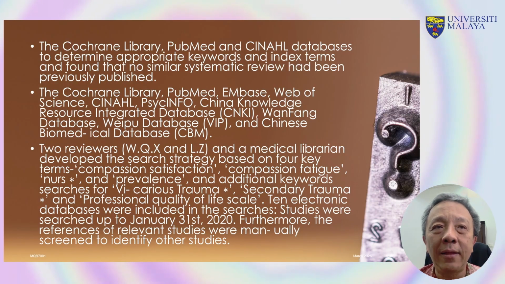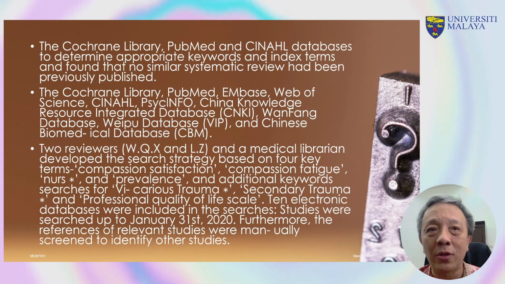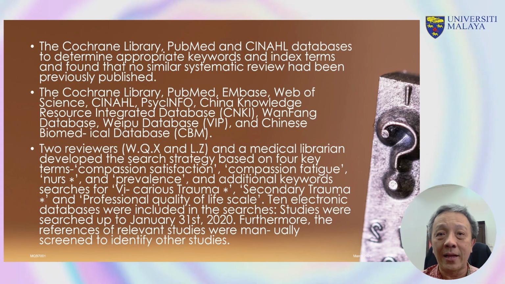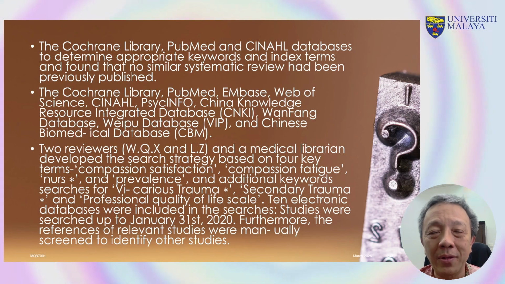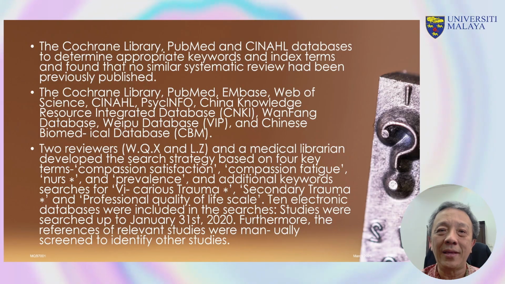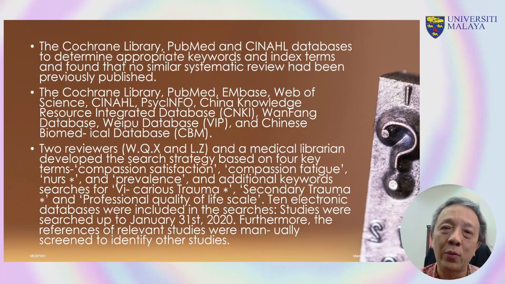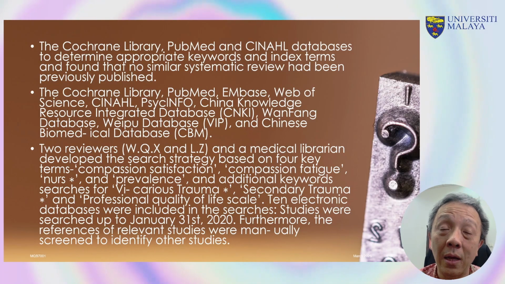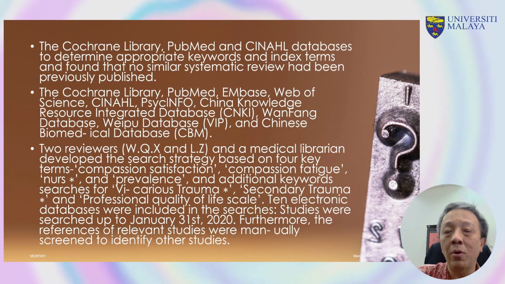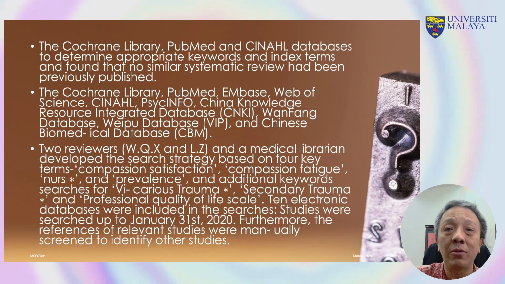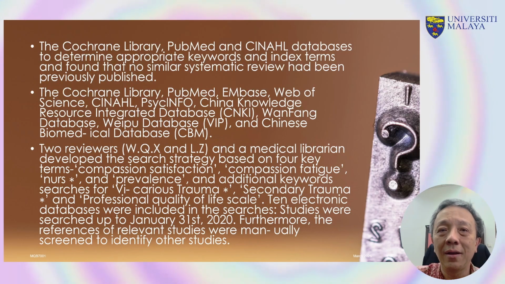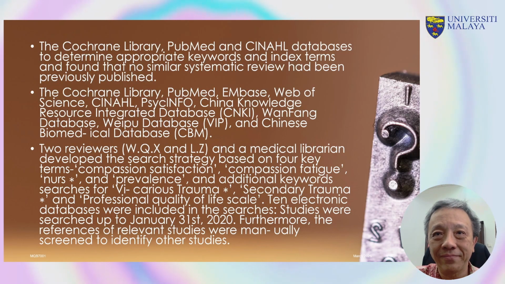So if you look at the different databases that were searched here, it is around 10 databases, and this is important because they want to ensure that it covers all their bases. Of course, some of it will have duplicates, and we will teach you how to eliminate duplicates when you import your search result into your bibliography software.